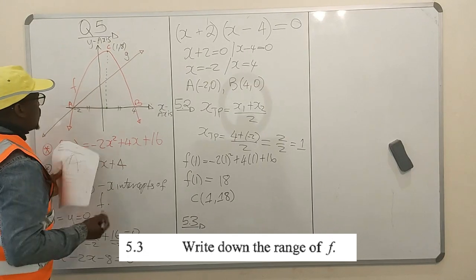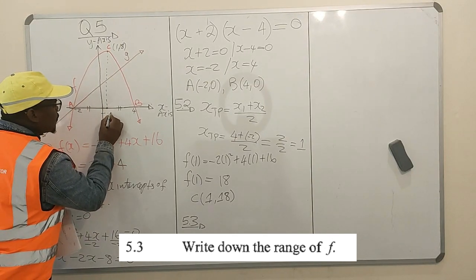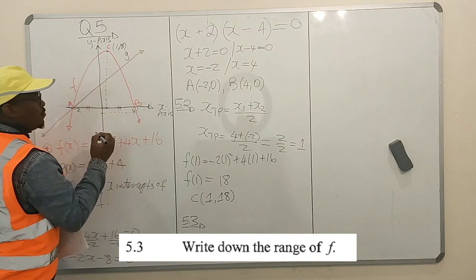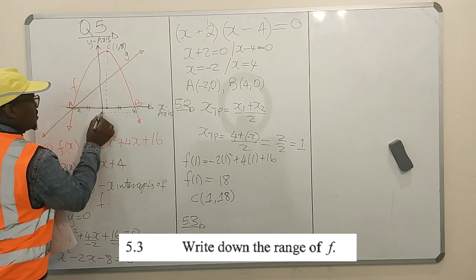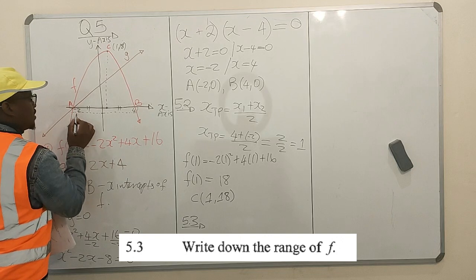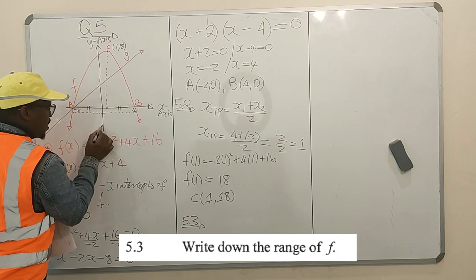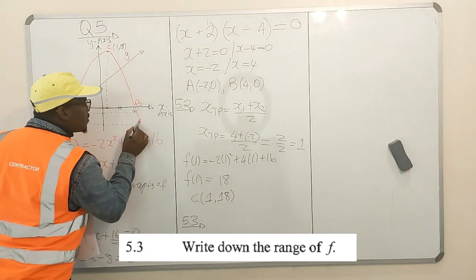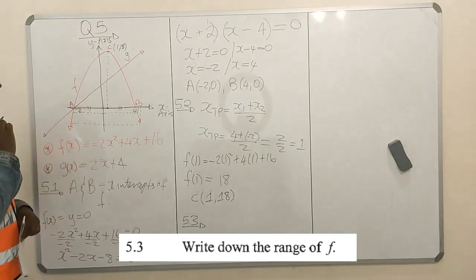So for example, this y value here, you'll always find a corresponding x value for it. Even for one down here, you'll always find a corresponding x value for it.